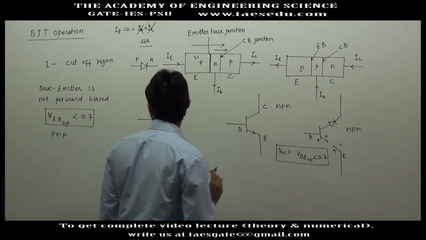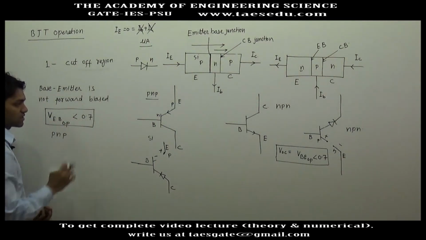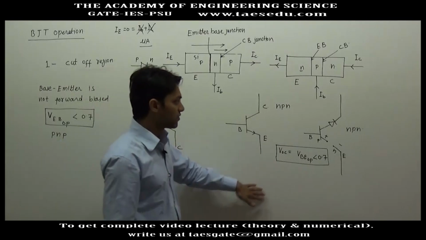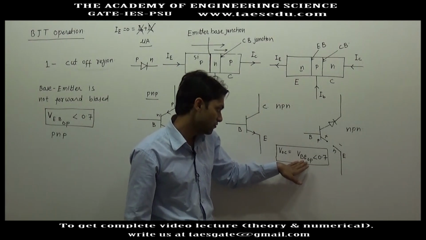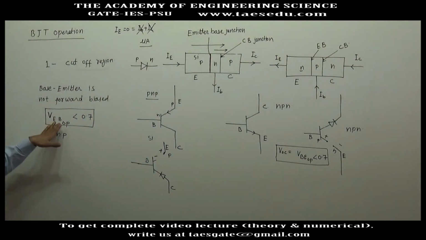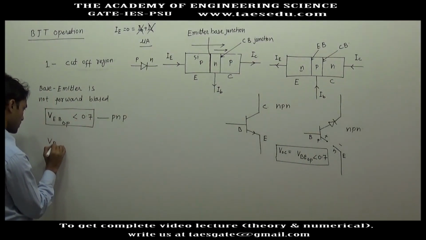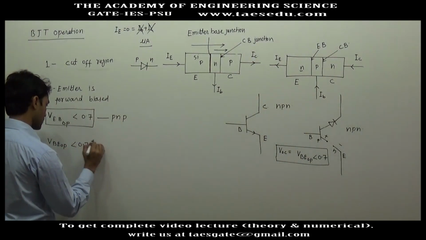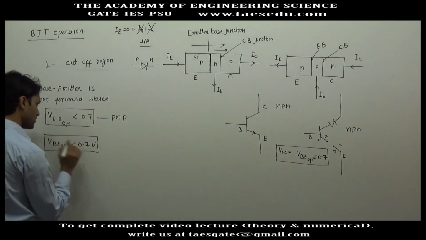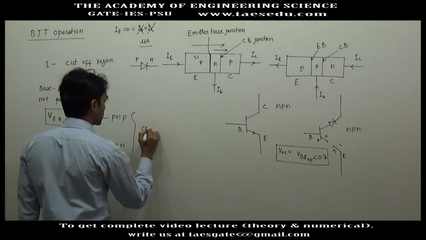So what we observed is that in case of PNP transistor, VEB open circuit will be less than 0.7 volt, while in case of NPN transistor, it is VBE open circuit, which must be less than 0.7 volt. This is for the NPN transistor to operate in cutoff region.